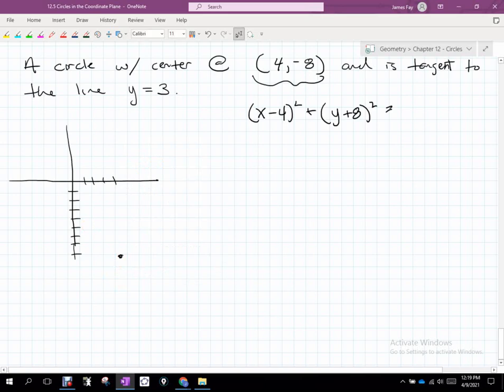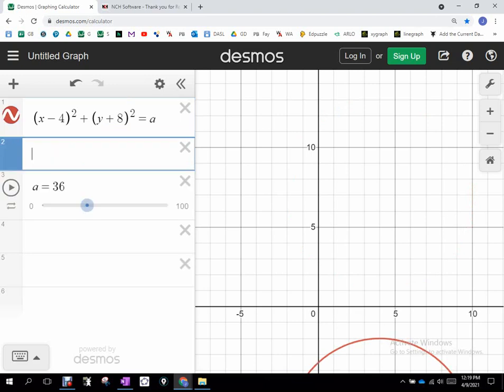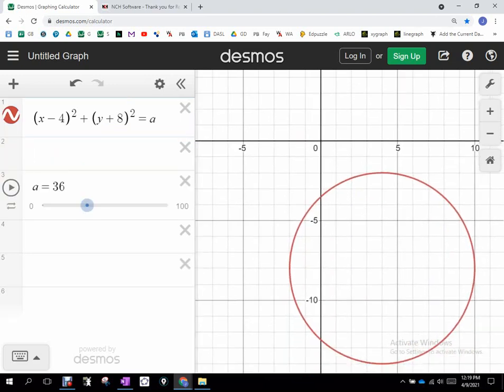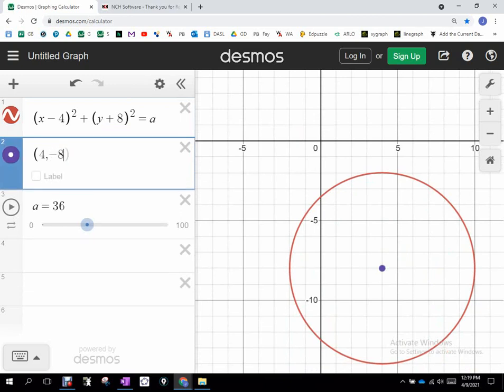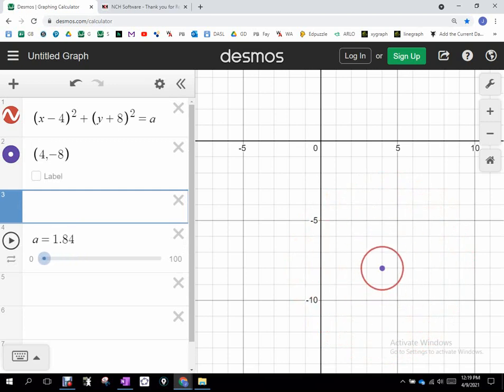Okay. So if we, again, just go to this here, that's the center at (4, -8). We've got that center, right? But as before, there's a lot of different circles. Would you guys agree?